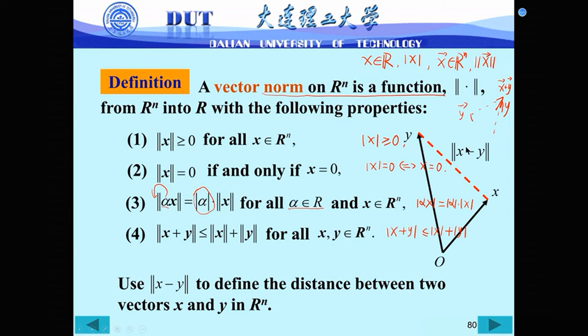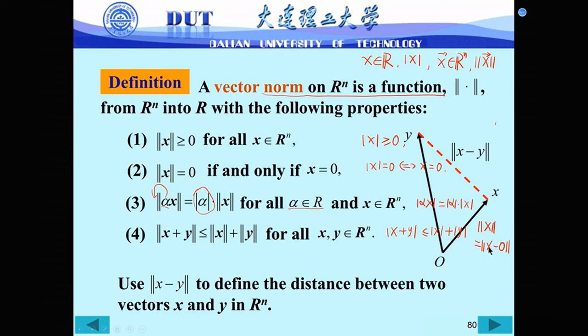And also we can use the norm of x, the vector norm, to represent the distance from this point to the original point. It's okay for you? Because the norm of x equals the norm of x minus O, right?